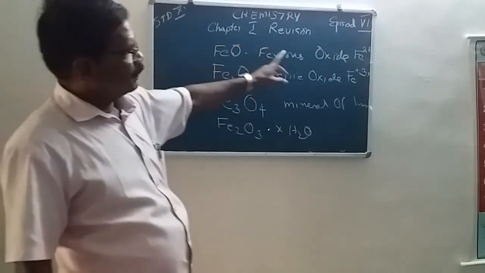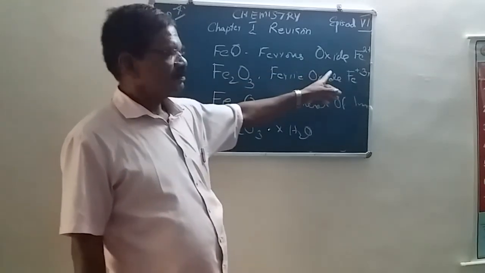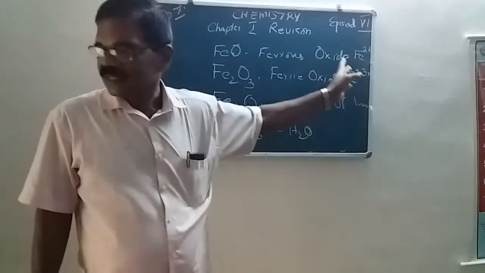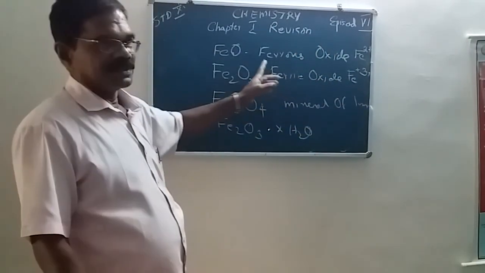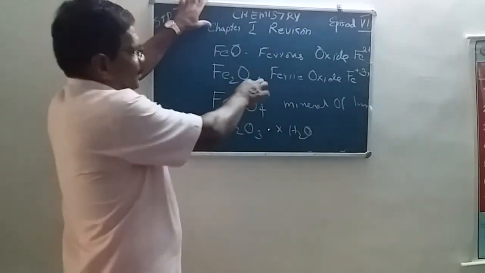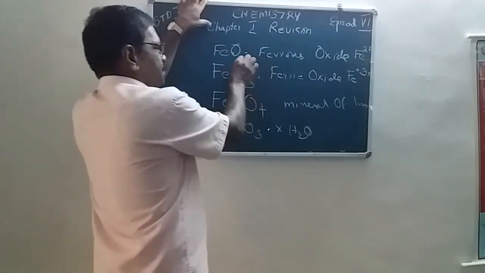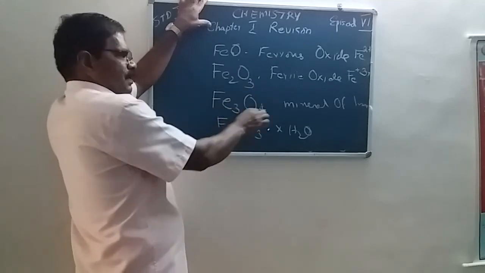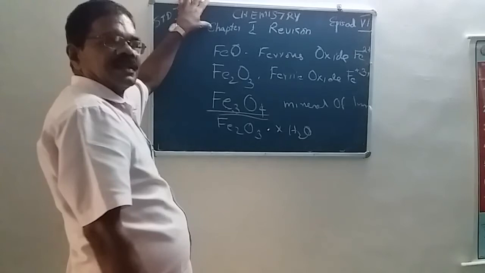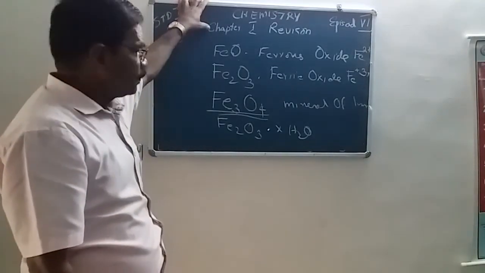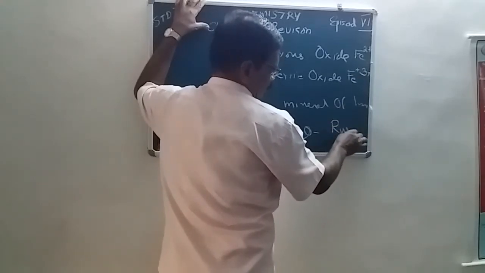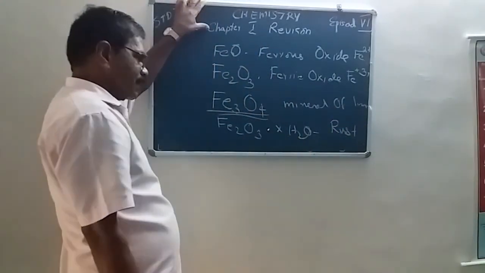Iron forms mainly ferrous and ferric compounds because iron is a transition element, so it forms two oxides, ferrous oxide and ferric oxide. Fe3O4 is a mineral of iron, used for the production of iron. Then rust, which is hydrated ferric oxide.